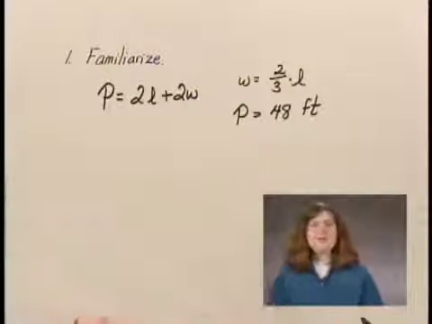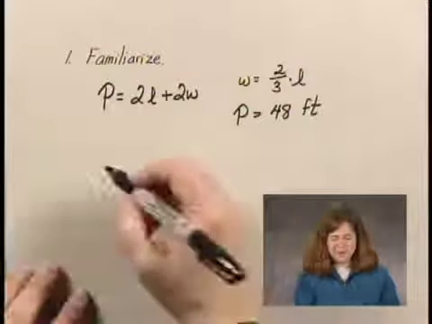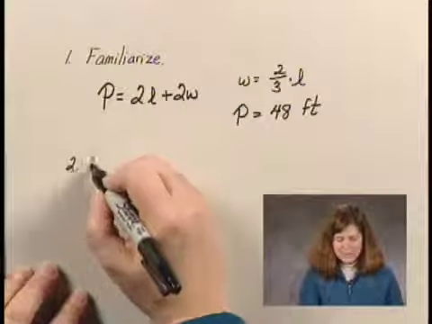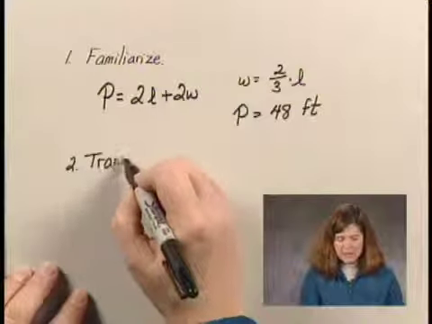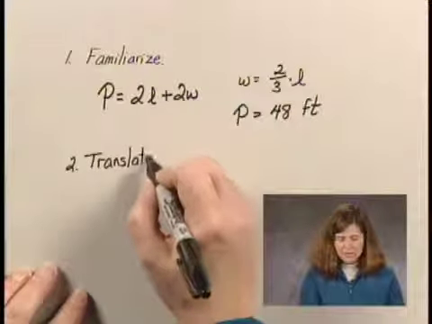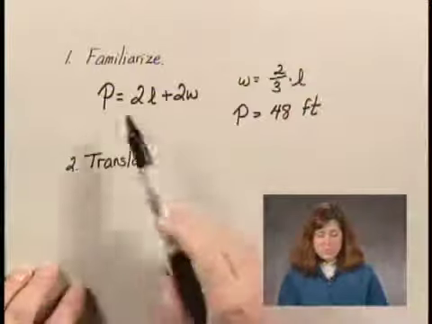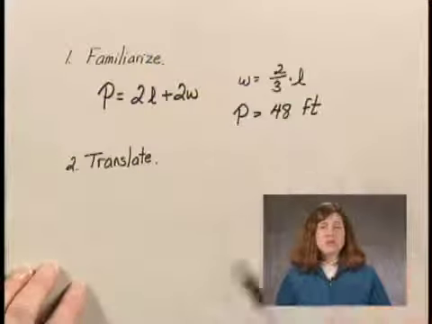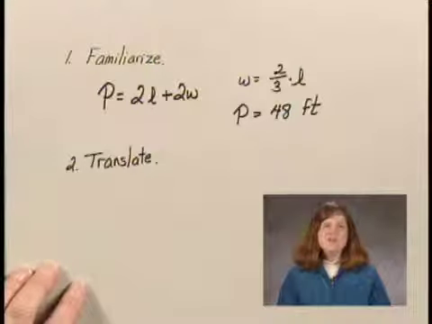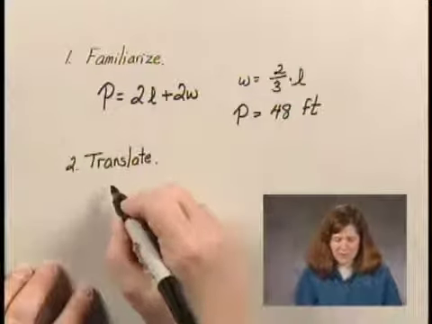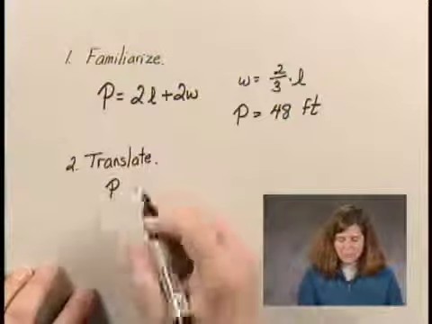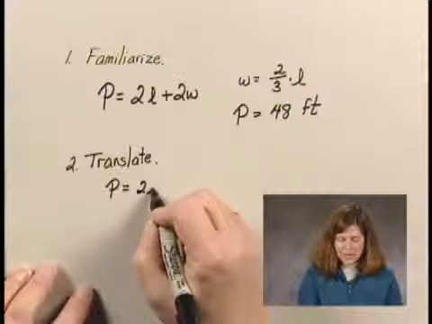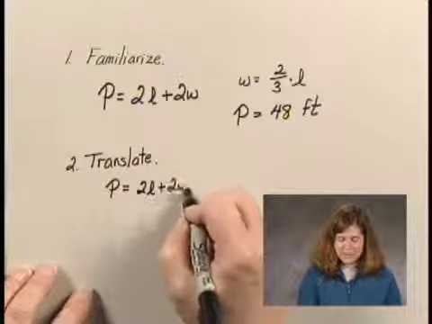Now, given this much information, we're ready to go to our next step in the problem-solving process, which is to translate the problem to mathematical language. In this case, we're going to be able to use this equation and substitute, and get an equation that contains just one variable, which we know how to solve. Our general formula for the perimeter was P equals 2L plus 2W.